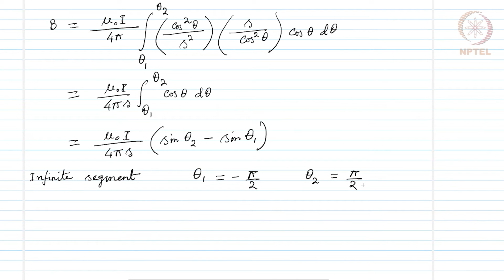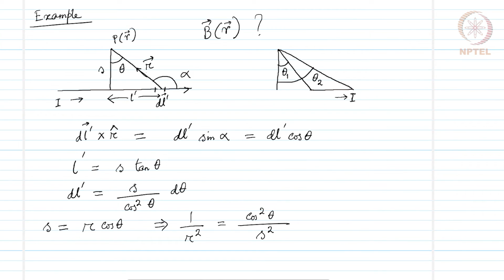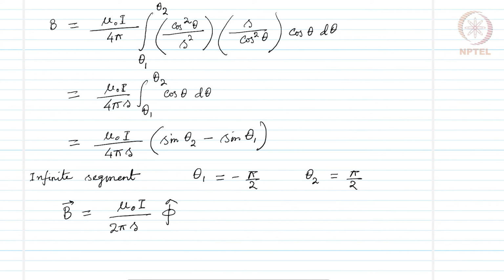If we put this in, then the magnetic field becomes mu naught I over 2 pi s, and the direction in our cylindrical coordinate system will be along phi cap, because the magnetic field will point out of the screen, and out of the screen is the phi cap direction.